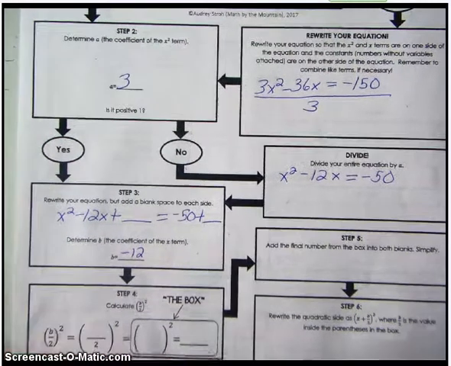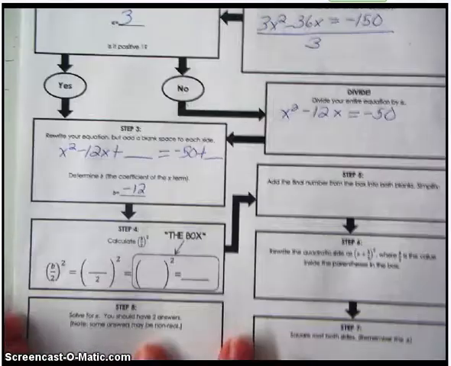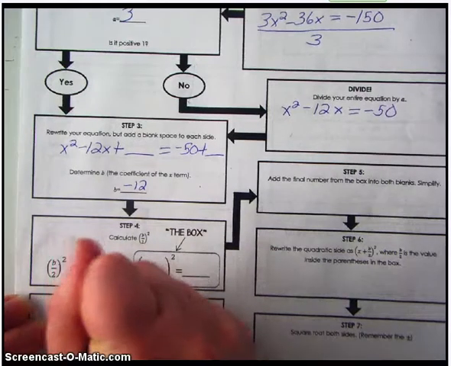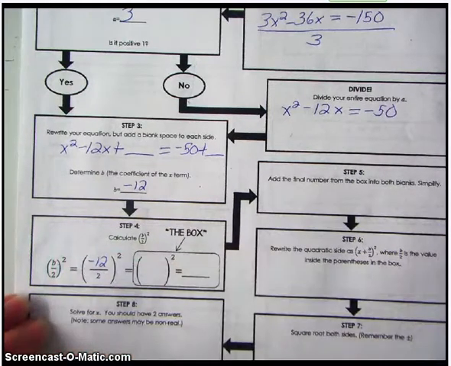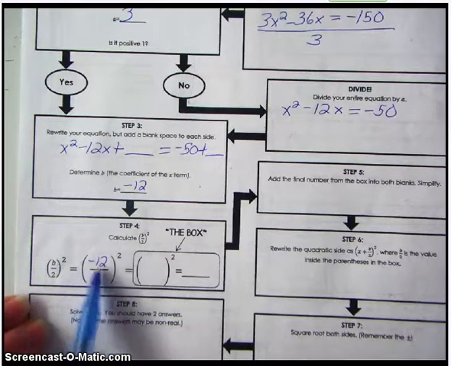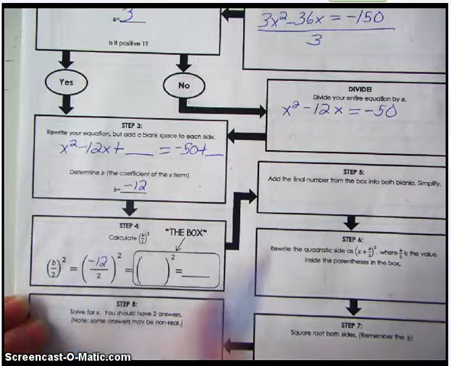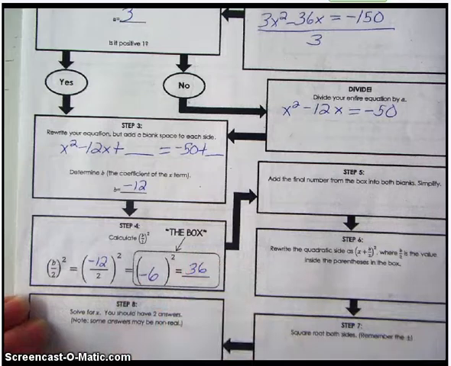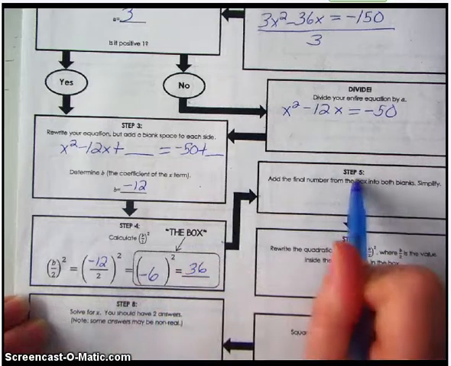All right, so then I'm going to go down, and I'm going to put my b into this formula. So my b is negative 12. Okay? And then I am going to simplify this. So negative 12 divided by 2 gives me negative 6, and negative 6 squared is 36. And I'm following my arrows up here to step 5.